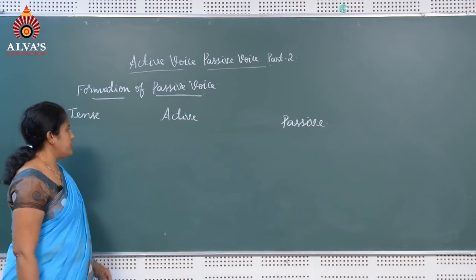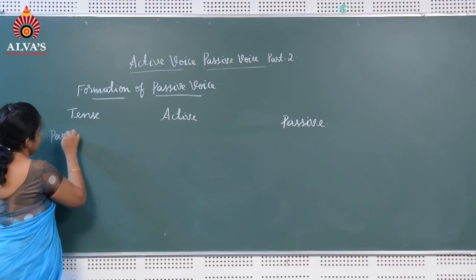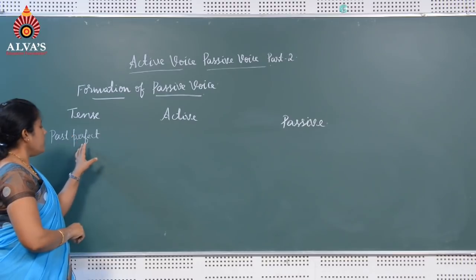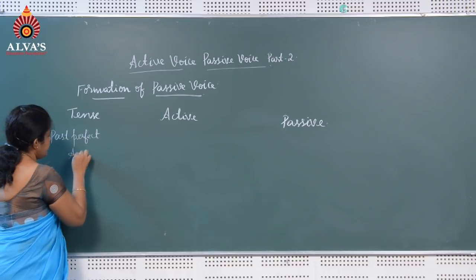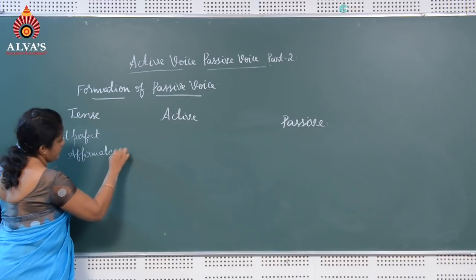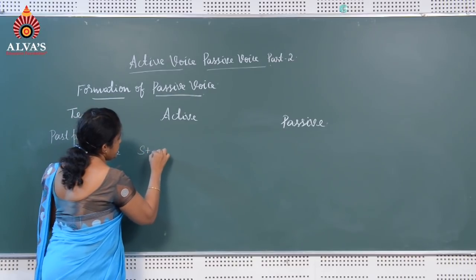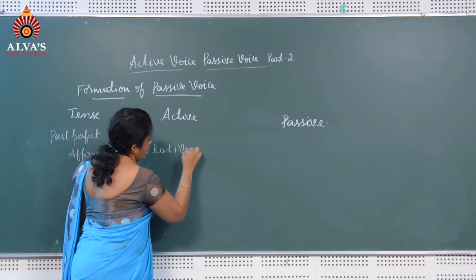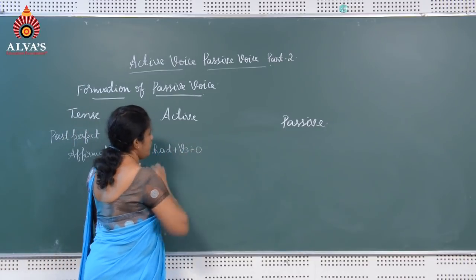Now, let us see the past perfect tense. In this past perfect affirmative sentence, the formula is subject plus had plus third form of the verb, that is V3 form, plus object.